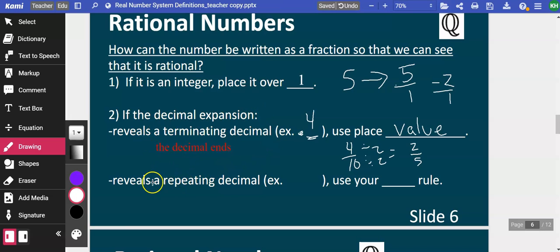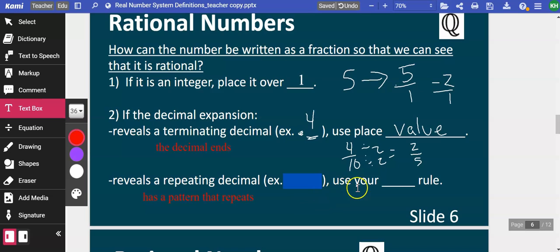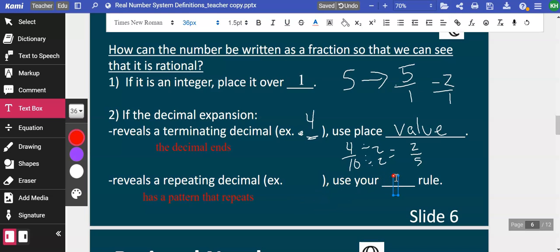If the decimal expansion reveals a repeating decimal, so that means that it has a pattern. So it has a pattern that repeats. That's why it's called a repeating decimal. We use our 9 rule. Okay, so let me give you an example.